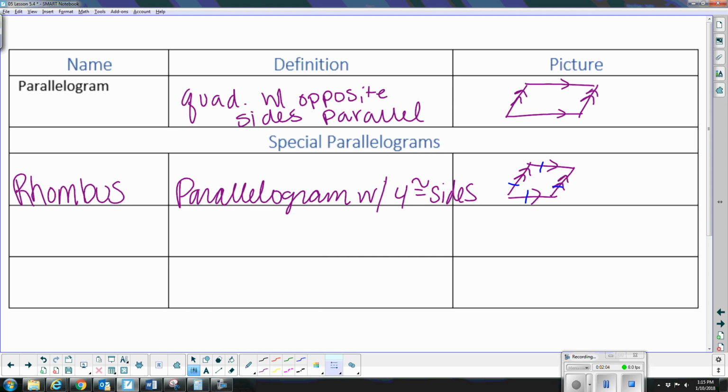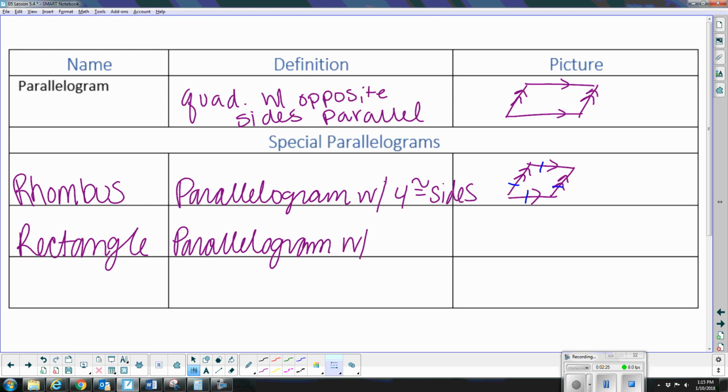The next one is a rectangle. It's a parallelogram with 4 congruent angles, so they'll each be 90 degrees.